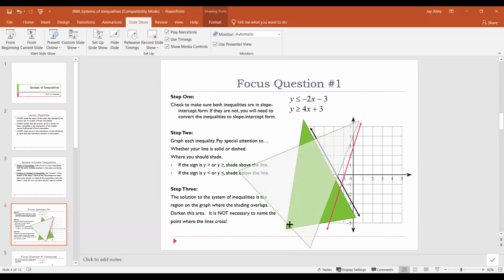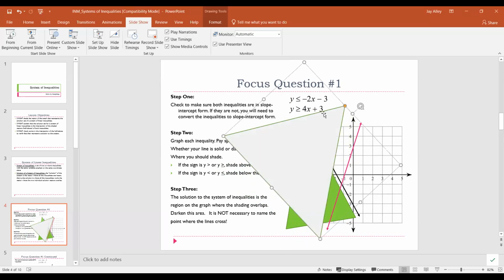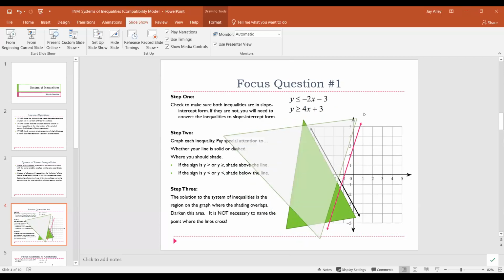So all of this area here where the gray overlaps the green is part of the solution. Everything to that side. This little green area down here, this little triangle that is just green, is a solution for one, but it's not a solution for the other, so I don't really care about it.